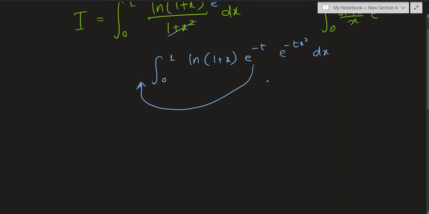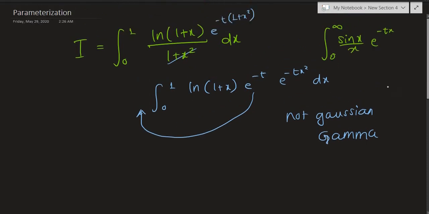So we can't use any of those properties of the gamma function, the beta function, the digamma function, or any of those functions, because this is a proper integral. It's not an improper integral. So there we end up with a problem. So this parameterization fails miserably.